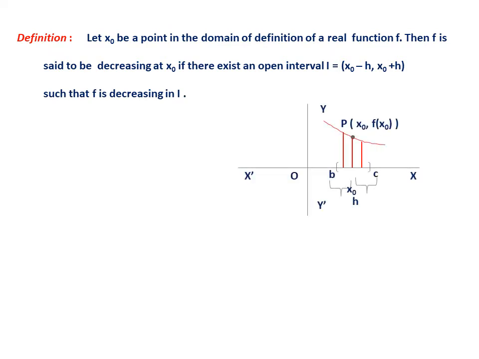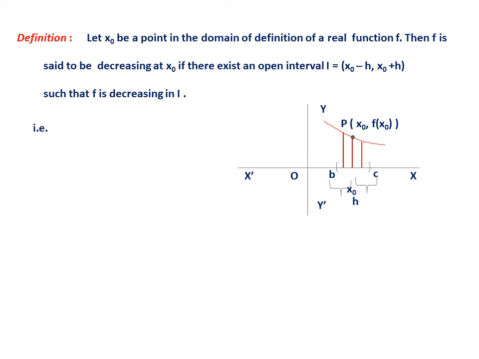So this is the diagram. Here also at x0 you draw a vertical, then take one point. For example, b means x0 minus h and c means x0 plus h. Then in that interval, whatever value you take, for example x1 and x2, two vertical red lines, one left, one right I have shown.